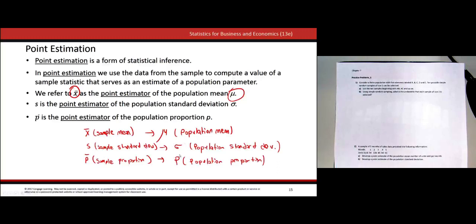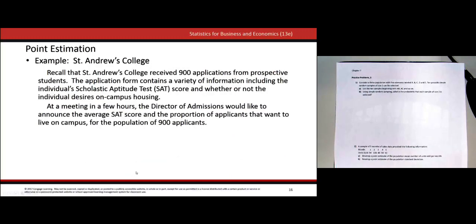If you need an interval estimate for population standard deviation, then you need to know the sampling distribution of S. Or if you need an interval estimate for population proportion, then you need to know the sampling distribution of P bar. And we will briefly discuss the sampling distribution of X bar.